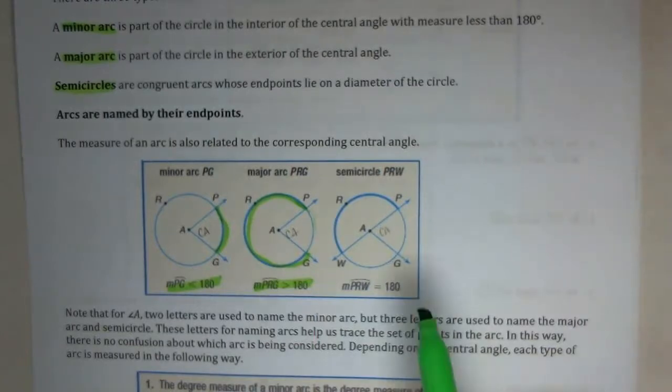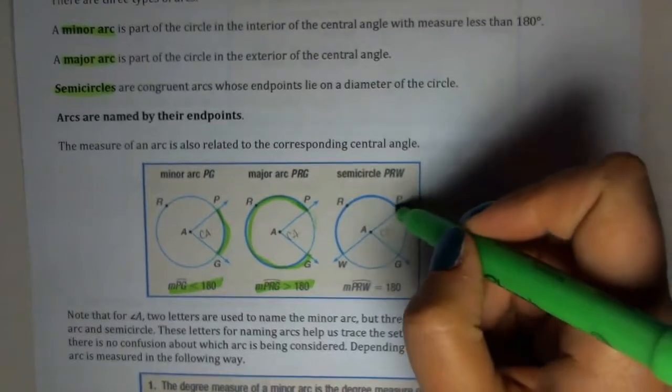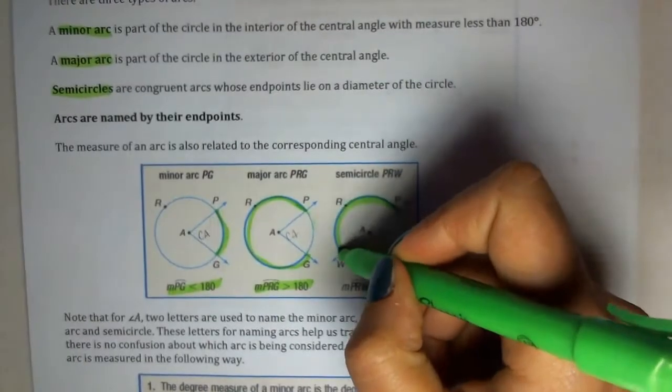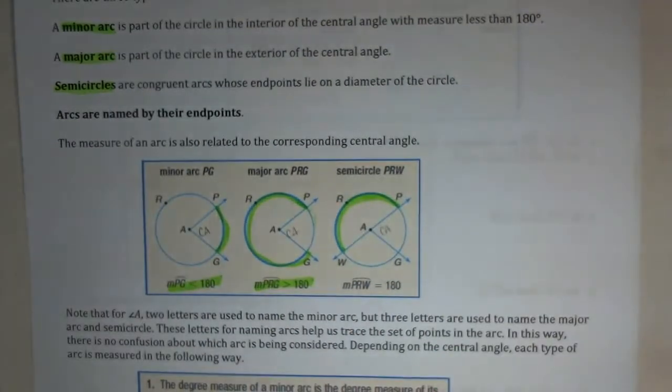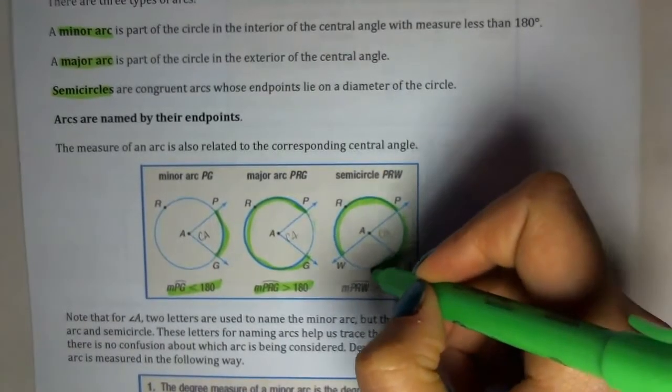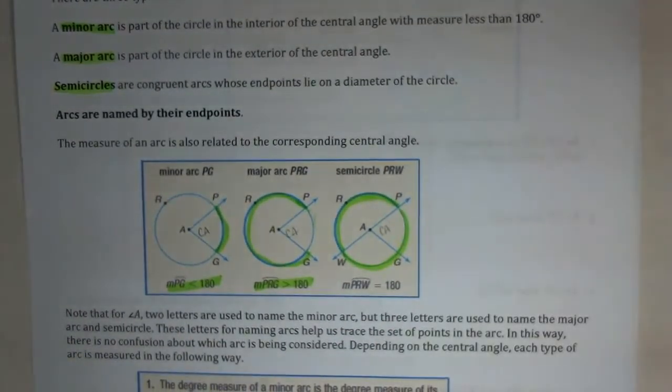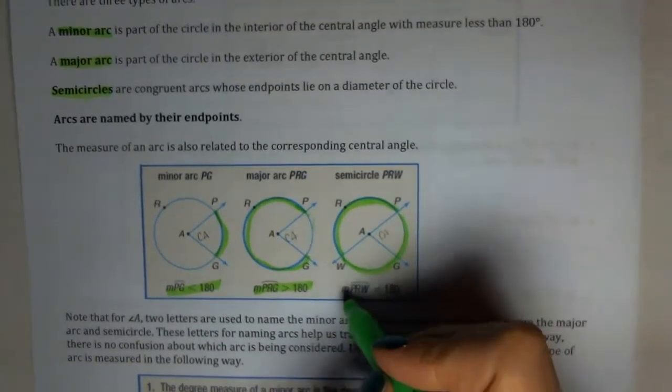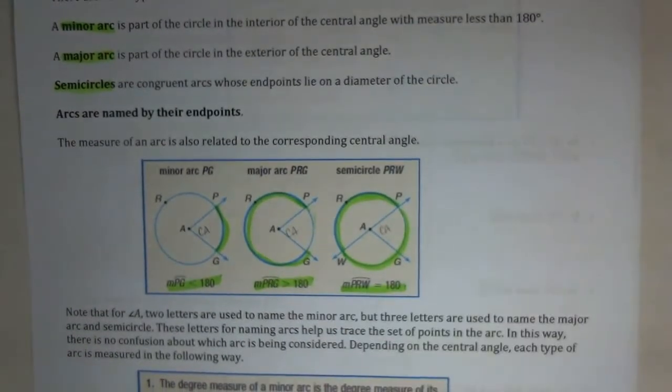And then a semicircle is essentially a diameter of a circle here, and technically it could also be this one as well. And those are equal to 180.